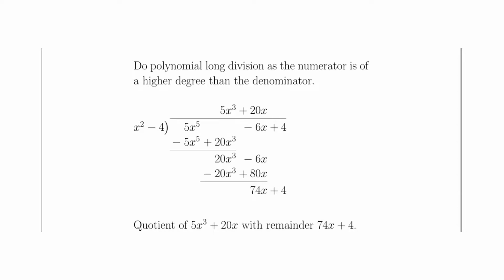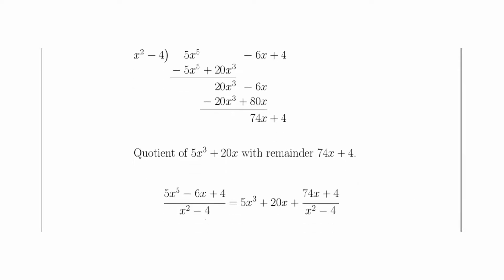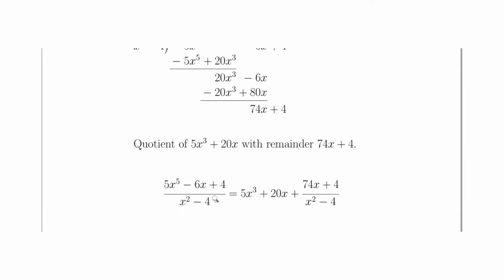So this is how we write this: 5x cubed plus 20x with remainder 74x plus 4, and this is how we write it. So our original question equals 5x cubed plus 20x plus 74x plus 4 divided by x squared minus 4, and that's the answer to our question.